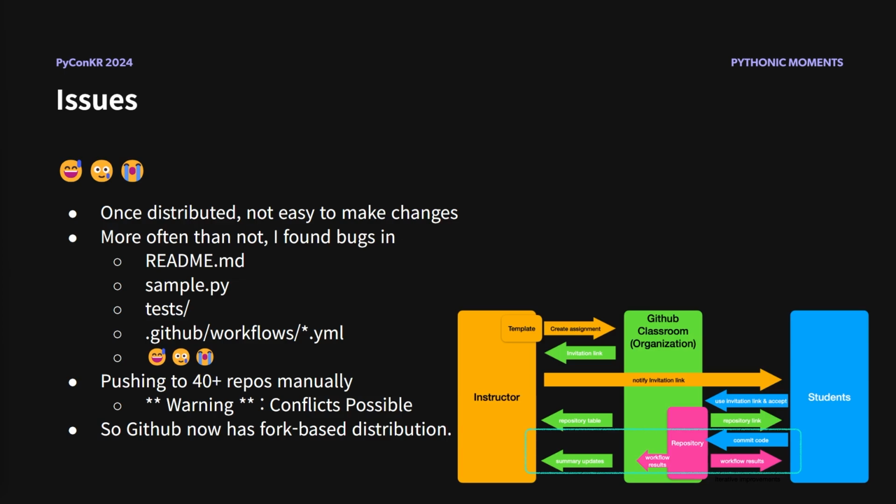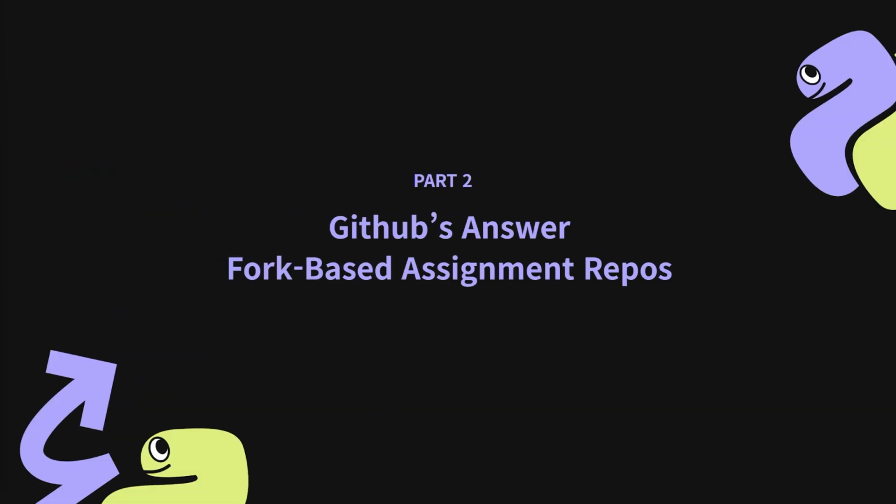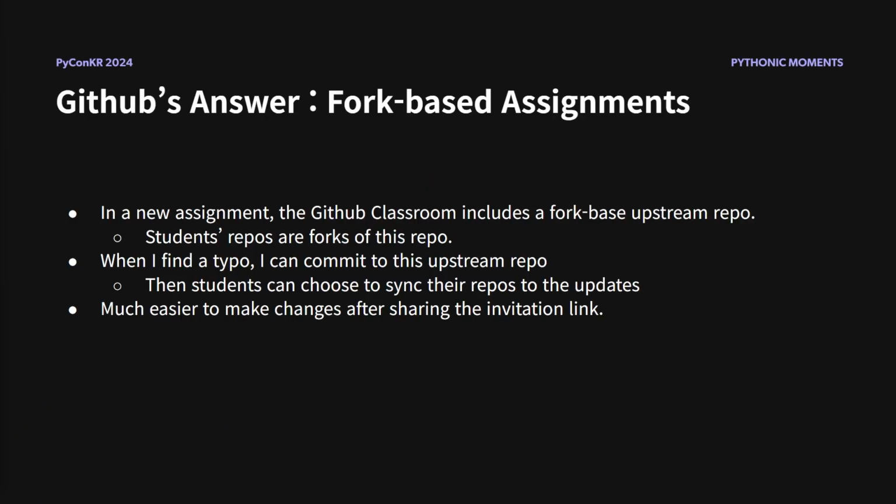So, GitHub now has a fork-based distribution option. Let me tell you about GitHub's answer to my issues, which was the fork-based assignment repos. How it works is, nowadays GitHub Classroom includes a fork-based upstream repository, and the student repositories are forks of this repository.